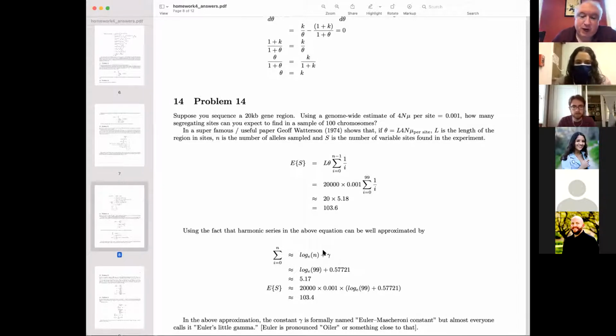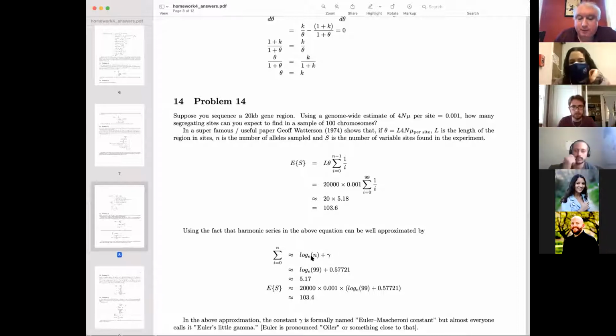It's even more shockingly close to the log of n plus a constant equal to about 0.577. So for any moderate n, you should think in your head of this sum as a natural log. The sum of 1 over I from I equals 1 to 99 is very close to simply the natural log of 99, and even closer to the natural log of 99 plus a half. So the expected number of sites, now that we start sequencing, you're now going to do a large experiment.